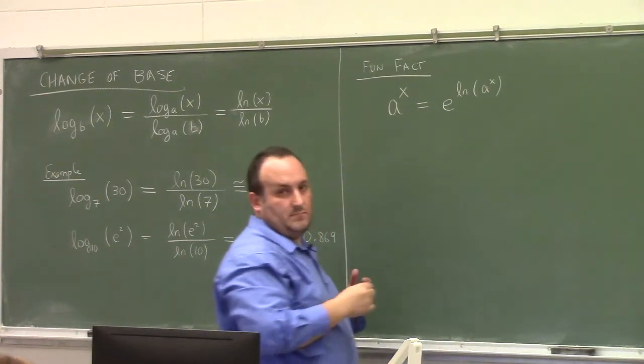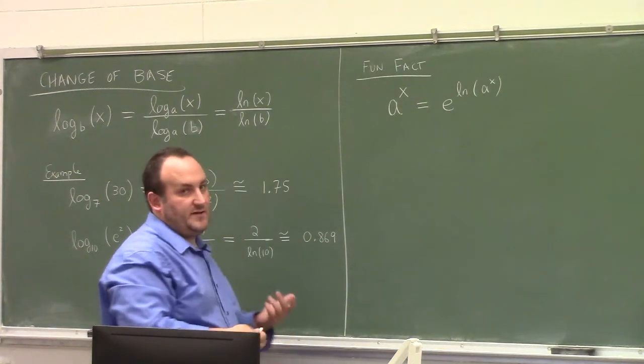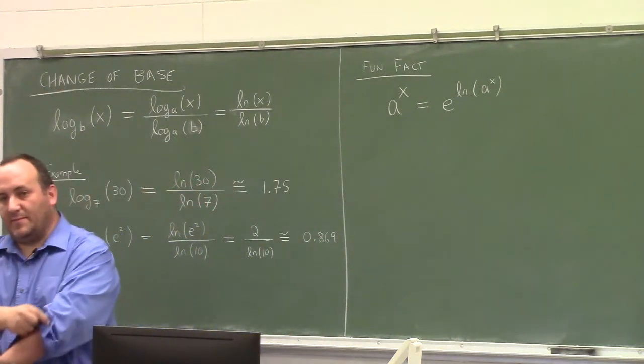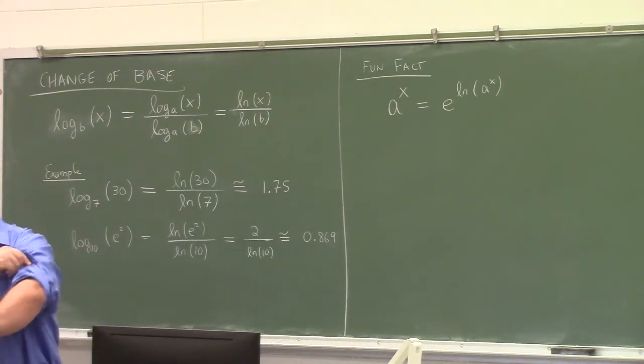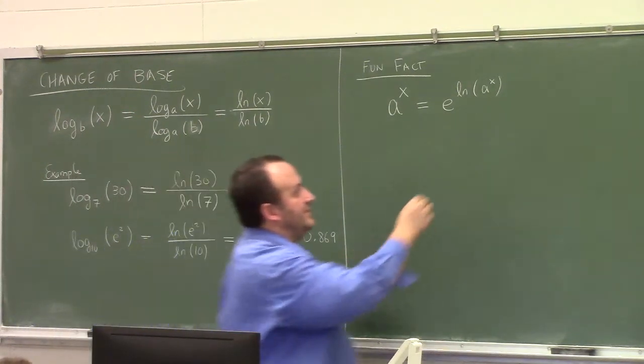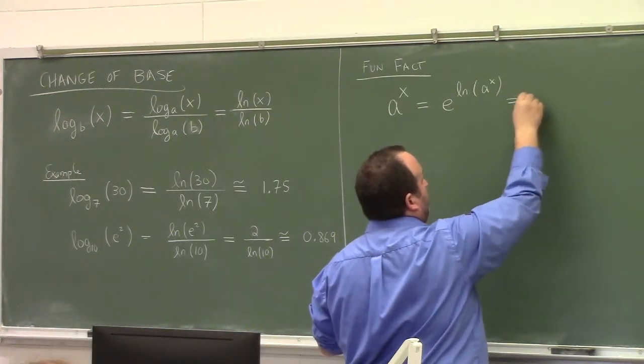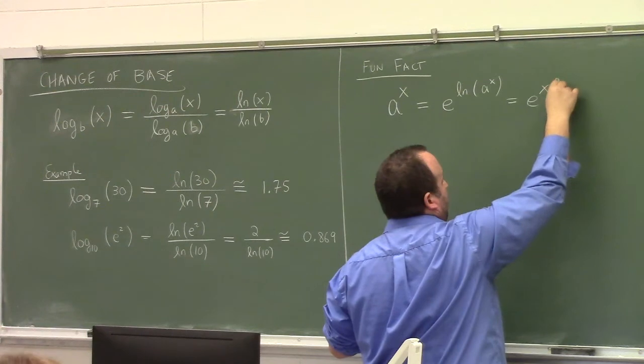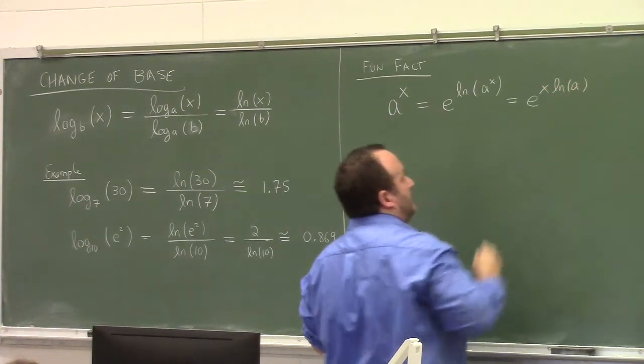Because e to the natural log of something positive is that positive thing again, so this is just an identity. But it's useful because by the properties of logarithms, that's e to the x times the natural log of a.